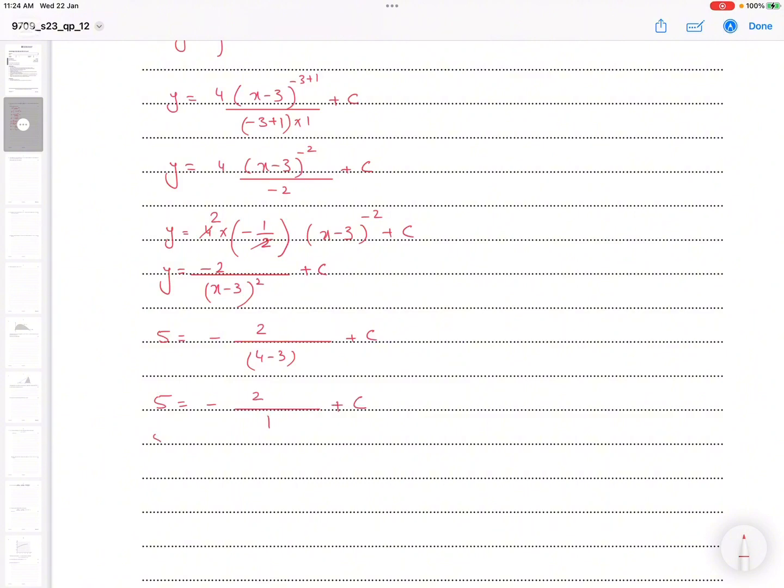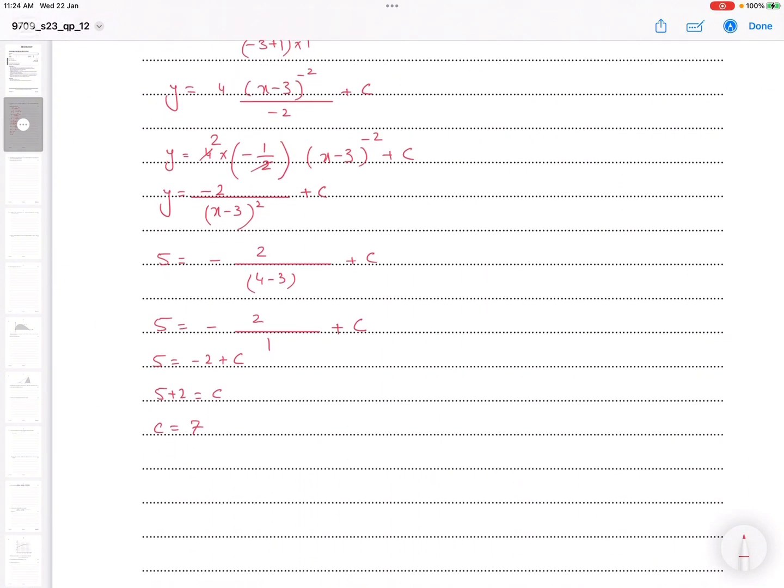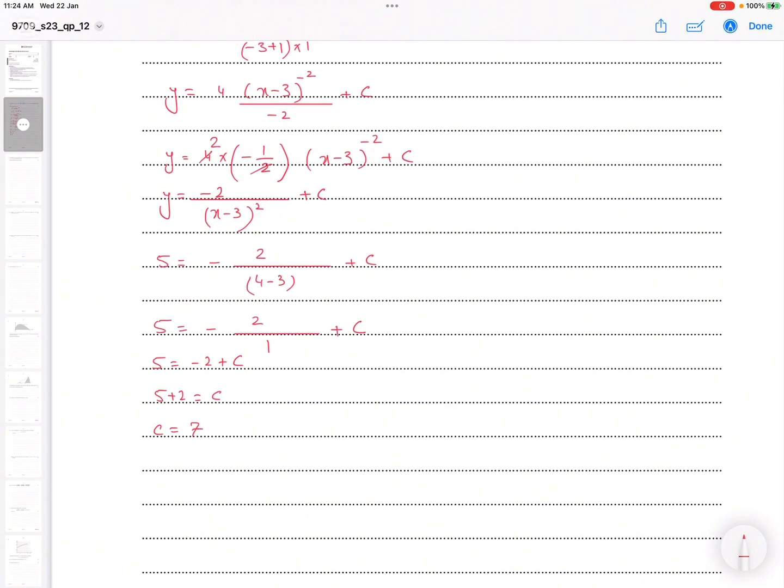So 5 equals minus 2 plus c. So 5 plus 2 is equal to c, so c is equal to 7. Put this value back into the equation. So y equals minus 2 over (x minus 3) whole square plus 7. So this would be our answer.